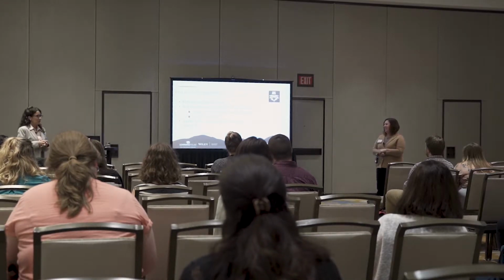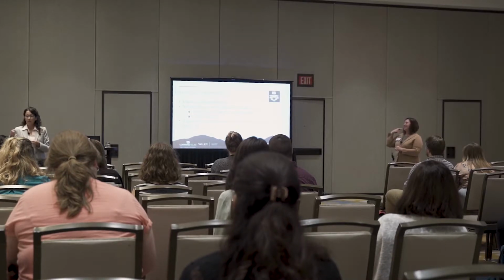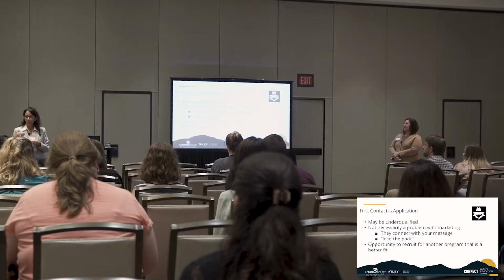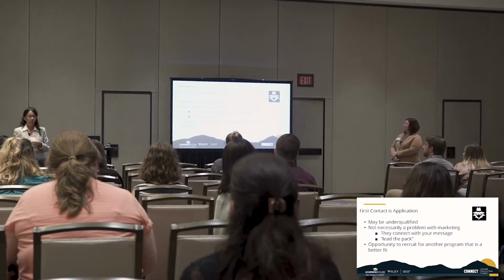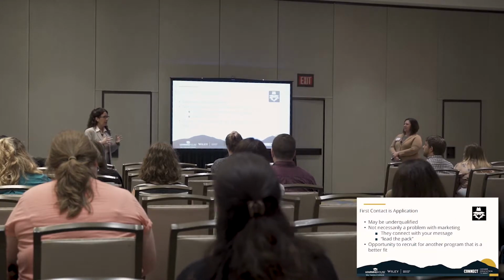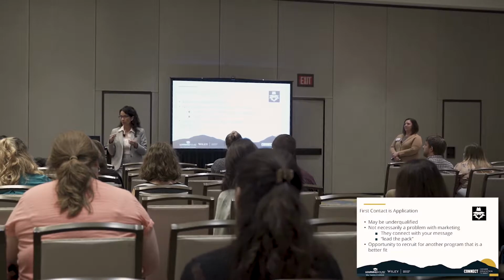So what can potentially be a problem is that the stealth applicant has applied and they may be underqualified. This can be a problem with faculty who now have an applicant who is below your 3.0.